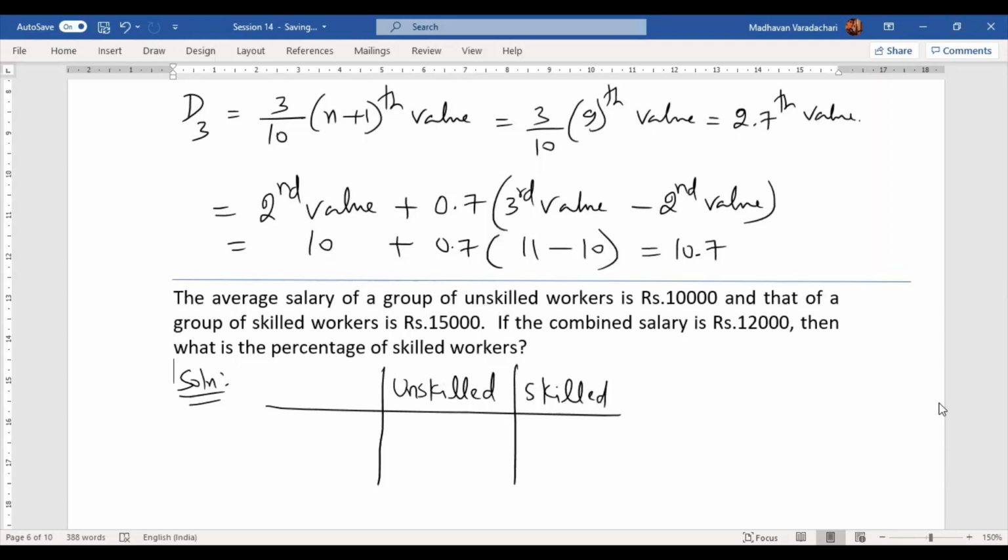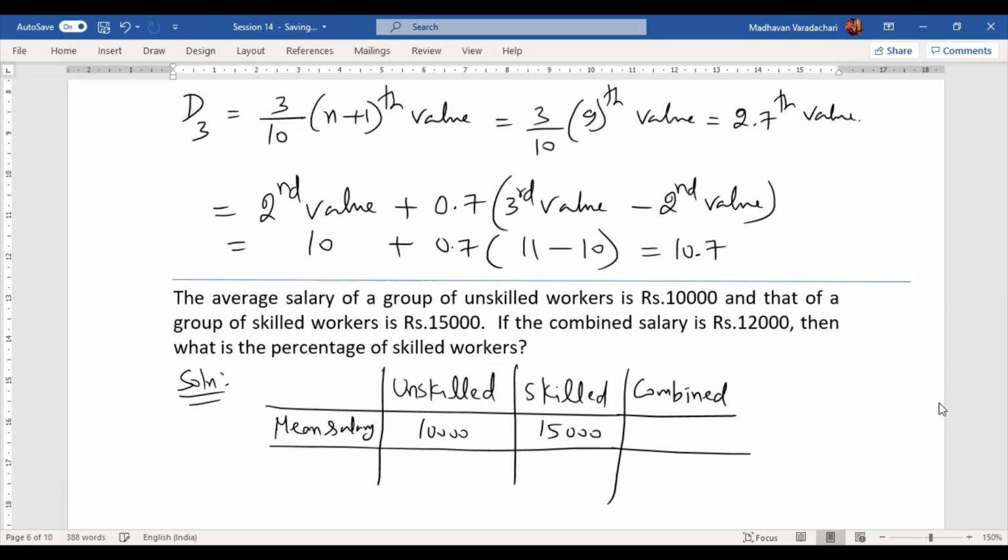They gave us average, so I'll say mean salary. Unskilled, they gave us 10,000. Skilled, 15,000. Then this will be the combined one, skilled and unskilled together. That they gave us 12,000. We don't know how many people, so I'll say number of observations. I'll consider unskilled as N1, skilled as N2. So combined will be N1 plus N2.